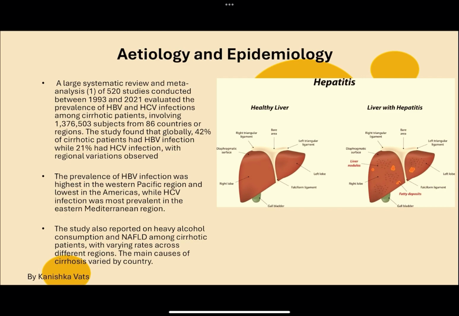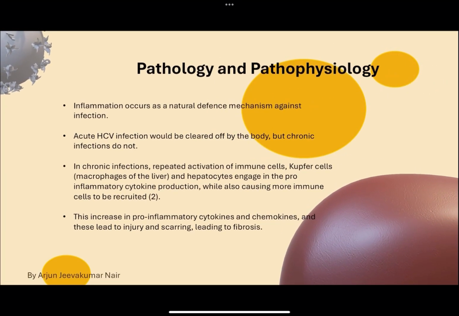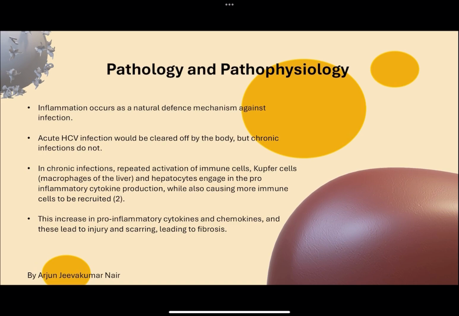In some other regions, alcohol consumption and NAFLD are the reasons for hepatic cirrhosis. So the main cause of cirrhosis varies from region to region and person to person. First, we'll look at the pathology and pathophysiology of hepatic cirrhosis caused by the hepatitis C virus.